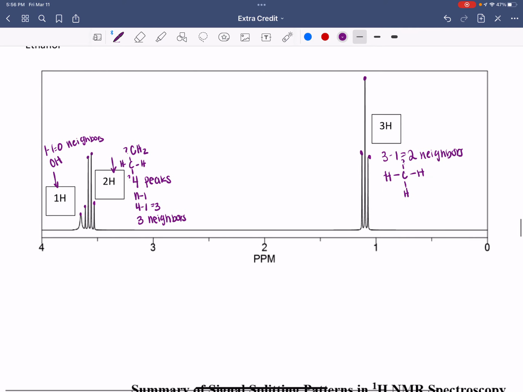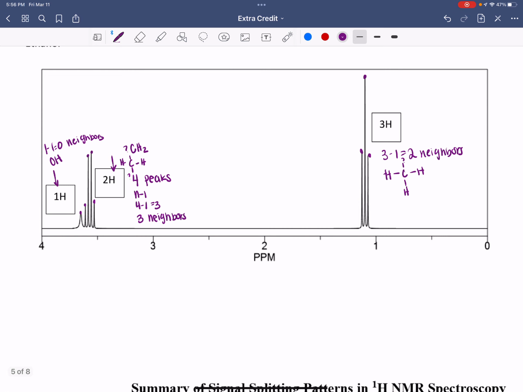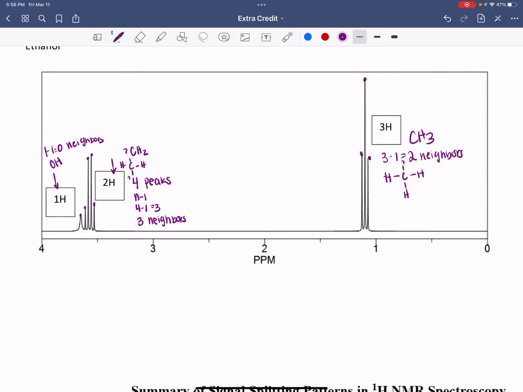So once we look at what we have, this one's a CH3 because there are 3 hydrogens. So we have a CH3 that needs 2 neighbors and a CH2 that needs 3 neighbors. So that seems pretty logical that the CH2 would be attached to the CH3 because the CH3 would have 2 neighbors and the CH2 would have 3 neighbors.